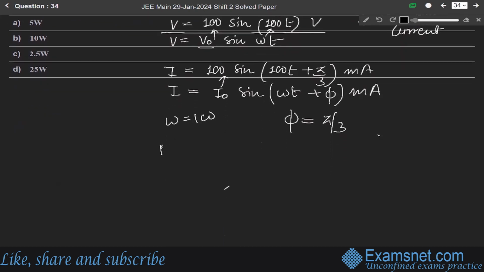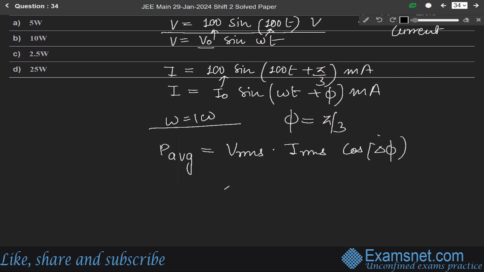So we know that the direct formula for power is VRMS into IRMS into cos delta phi. Delta phi means the phase difference between them. VRMS is what? V naught by root 2. And IRMS is I naught by root 2.